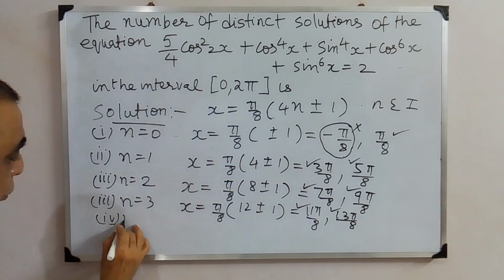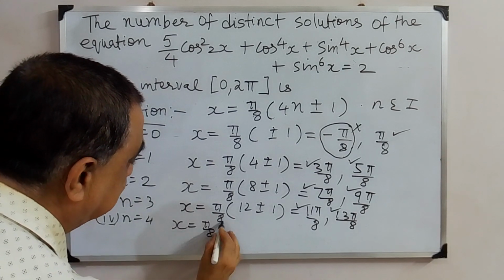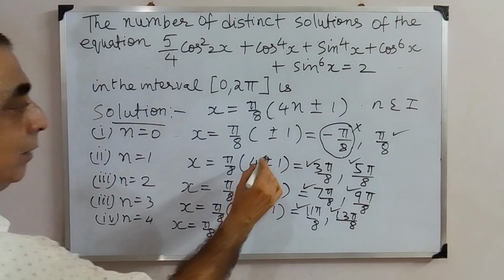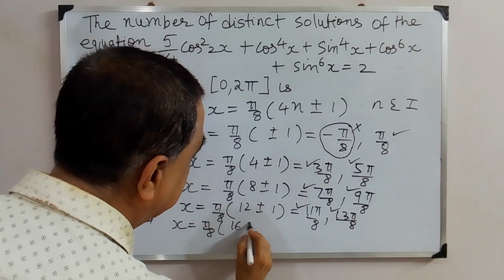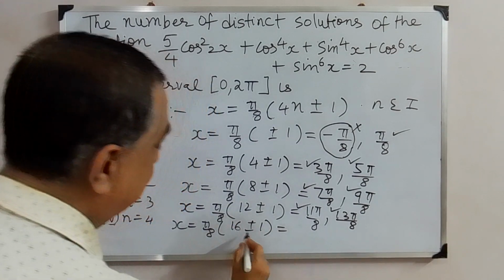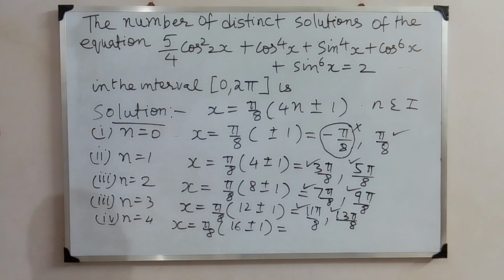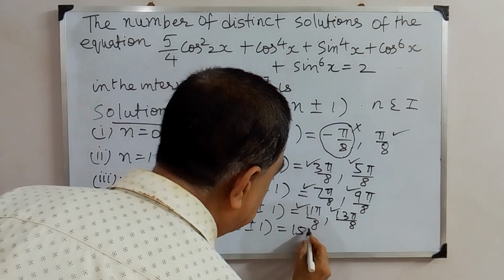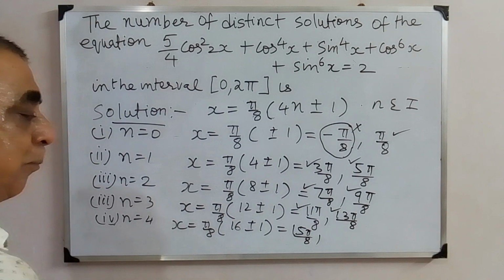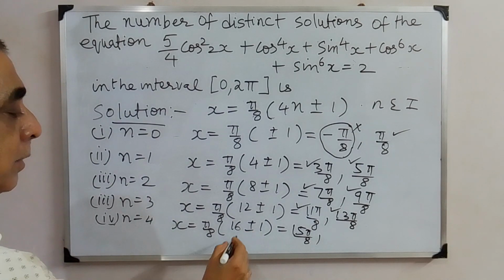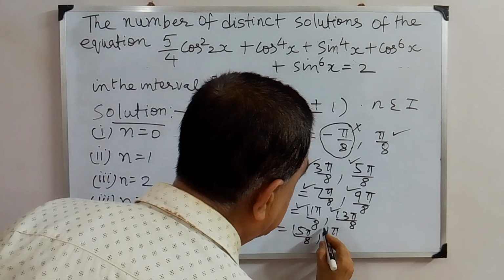Now put n equal to 4. So what value of x are we getting? Here pi by 8, and when I put n value 4, 4 into 4 is 16, plus minus 1. When there is a minus sign, 16 minus 1 becomes 15, so 15 pi by 8, and when it is plus 1, 16 plus 1 is 17, so 17 pi by 8.